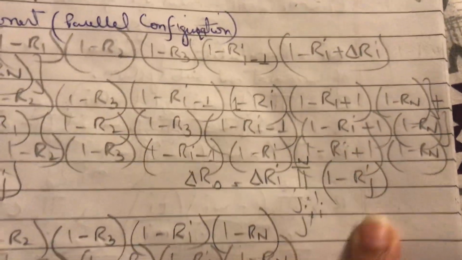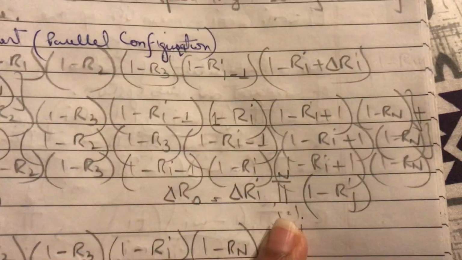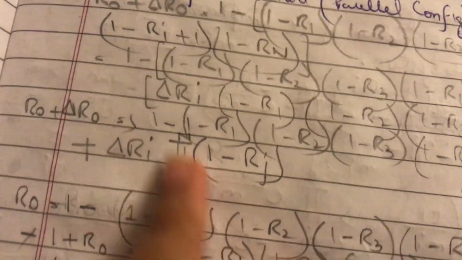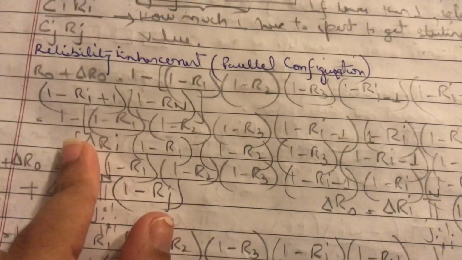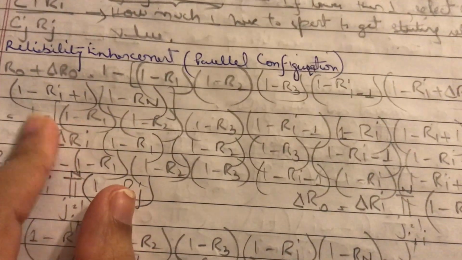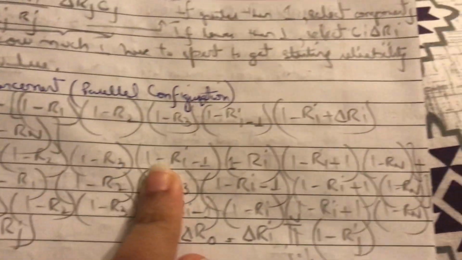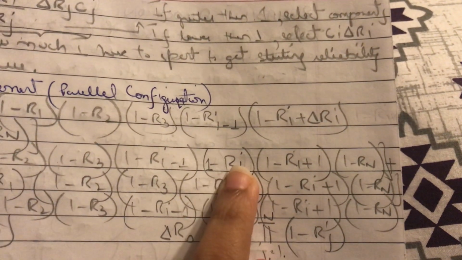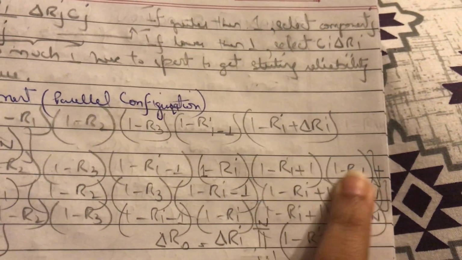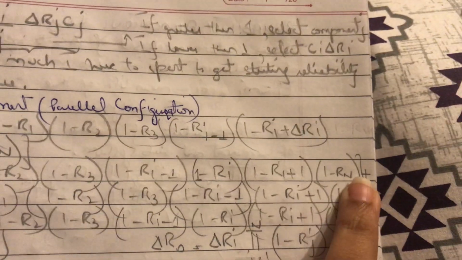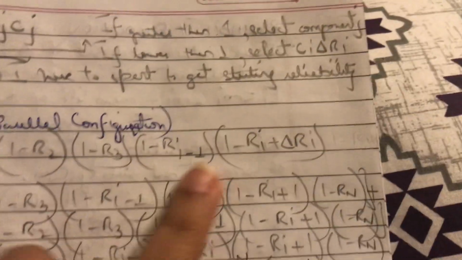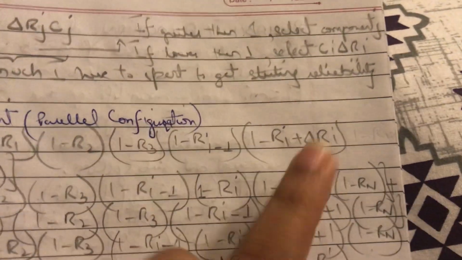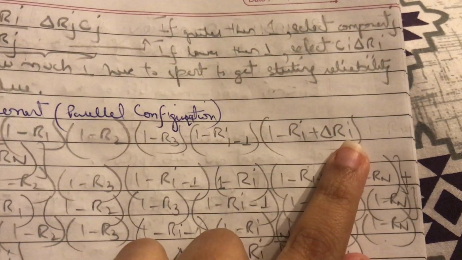So we took it like this, and the equation becomes: 1 minus Ri, 1 minus Ri plus 1, up to 1 minus R of n, plus this delta Ri. The same thing is happening as in the series one.